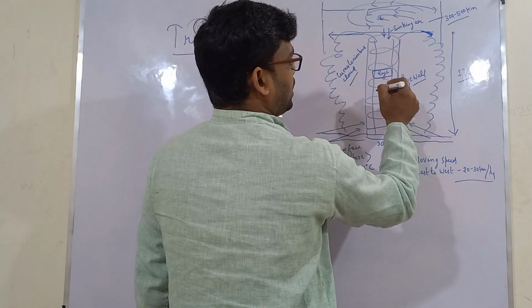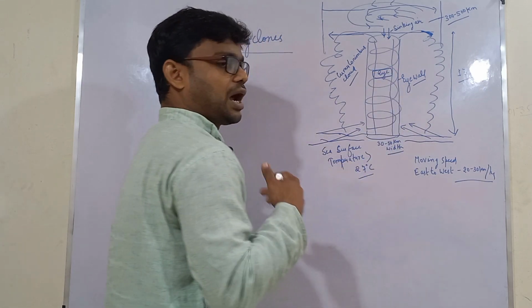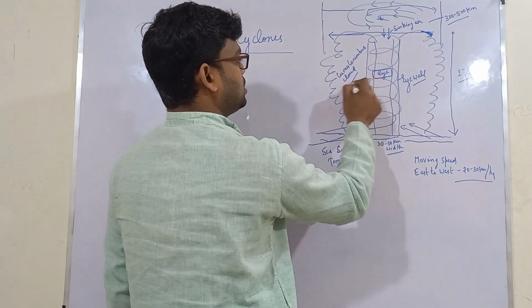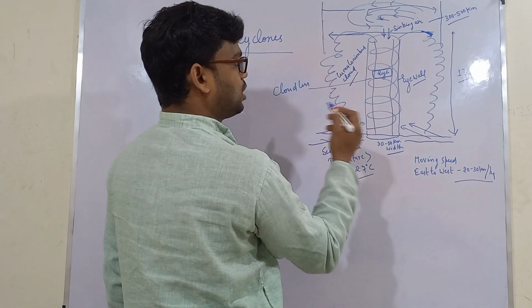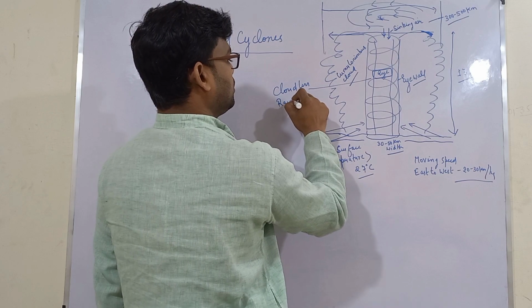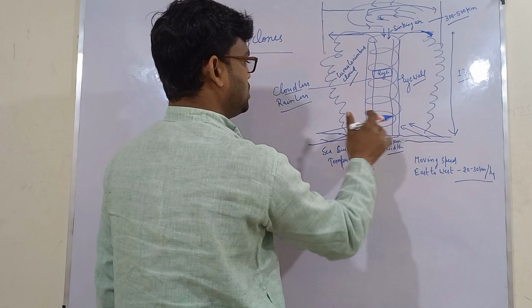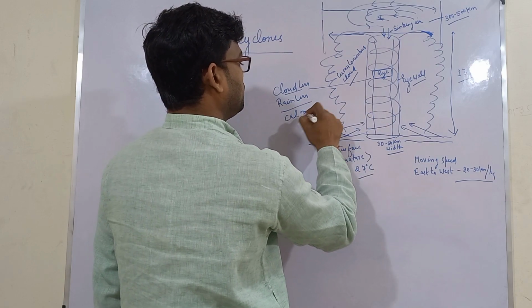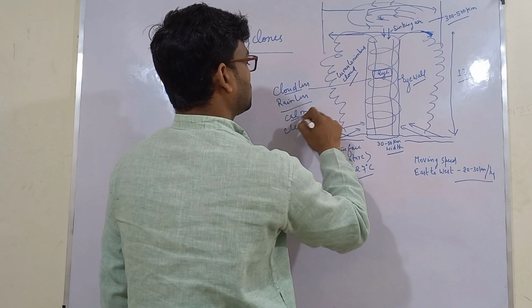Now, what is the characteristic of this eye? This eye region is cloudless, meaning no clouds are present. Rainless, meaning no rain occurs in this region. Very calm and clear skies.